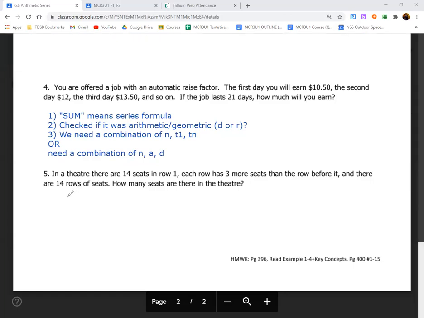Let me do the answers so we can see. Each row has 3 more seats, 14, and then 14. Seats.